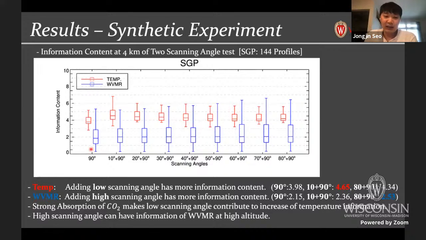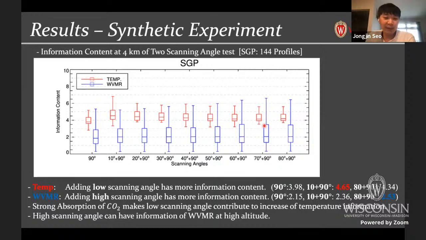This figure is a box plot of information content at 4 kilometers of 144 profiles at the SGP site. Y is the information content, and X is the different scanning angles, and the red box is temperature, and the blue box is water vapor mixing ratio. For information content of temperatures, adding low scanning angles, 10, 20, 30, has more information content than adding high scanning angles.